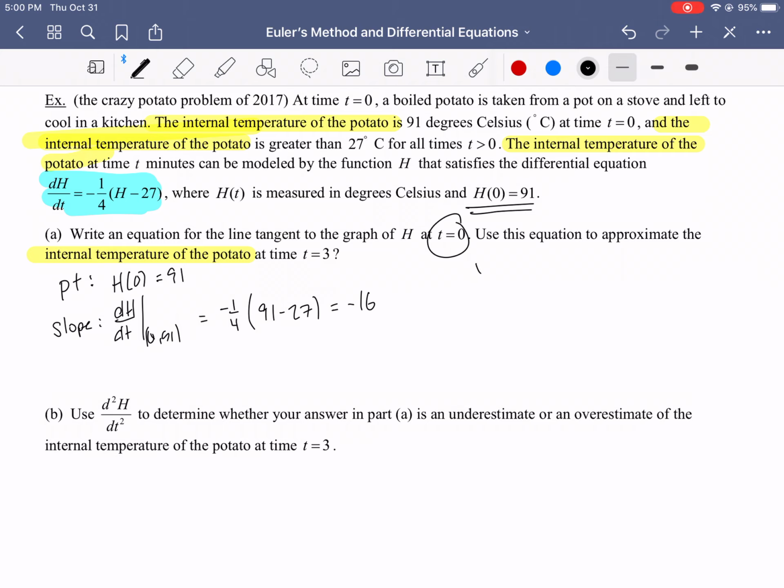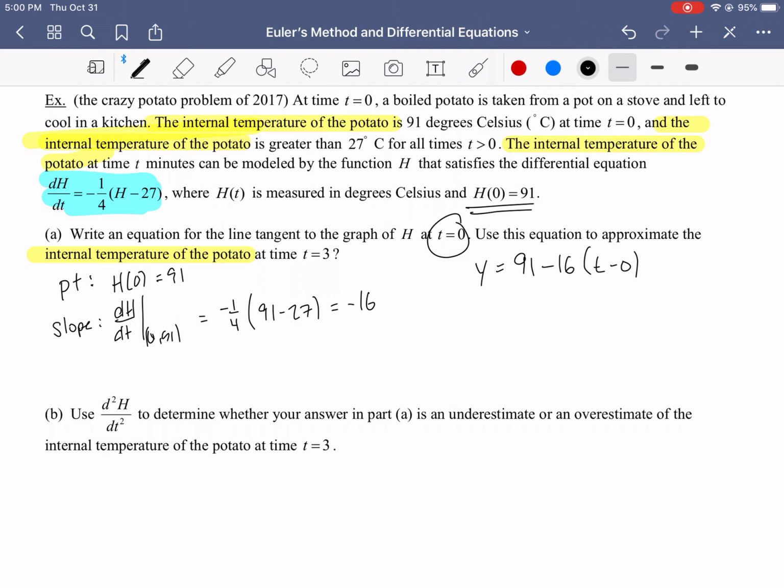Okay, so that means my equation for my tangent line is going to be y is equal to my y value, which is 91, plus my slope, so minus 16, multiplied by (t minus 0). And I'm just using t because I know that that's what the independent variable is here. Instead of using x, this problem is using t.